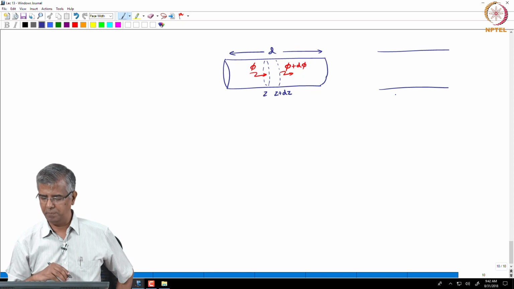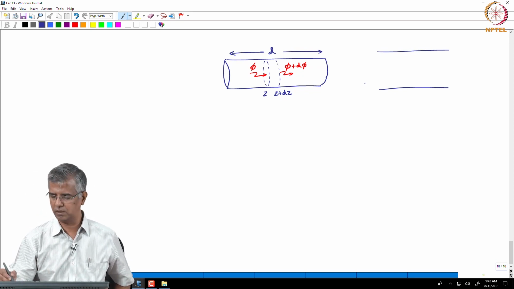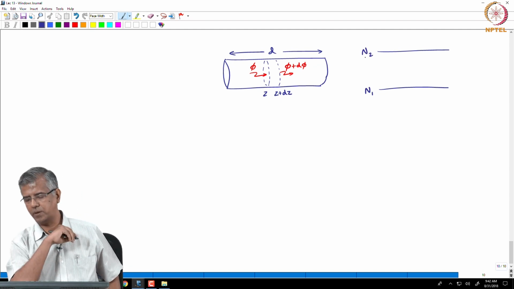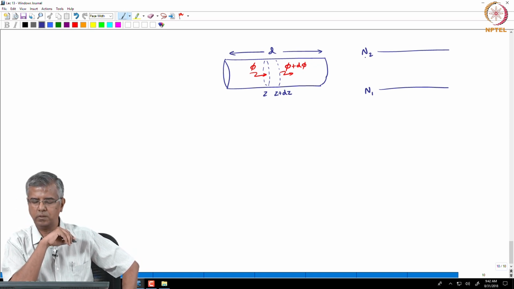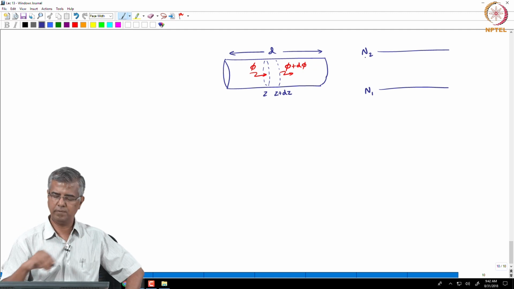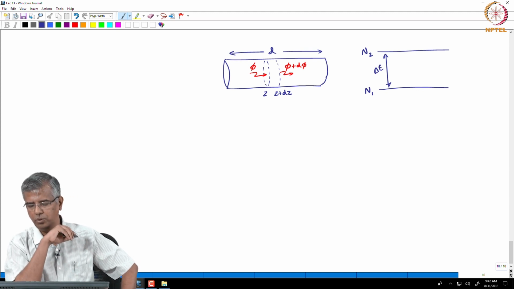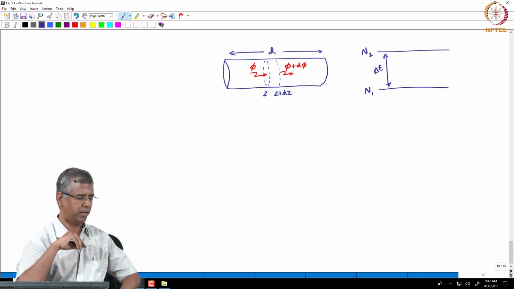So, this is the picture we want to look at, and of course let us say this gain medium is an atomic system. It is a 2-level atomic system with N1 corresponding to the number density in the lower energy level and N2 corresponding to the number density in the higher energy level, and delta E corresponding to the energy difference between the two levels.